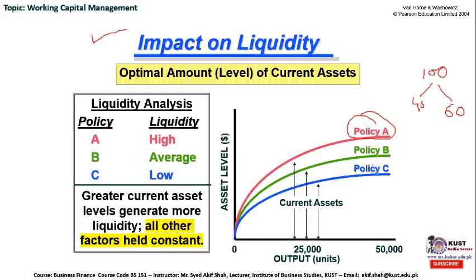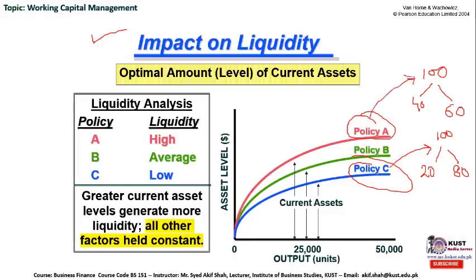And similarly, in policy C, we have a lower number of dollars in the current assets and the maximum number are stuck in the fixed assets. So this pertains to policy C and this pertains to policy A.